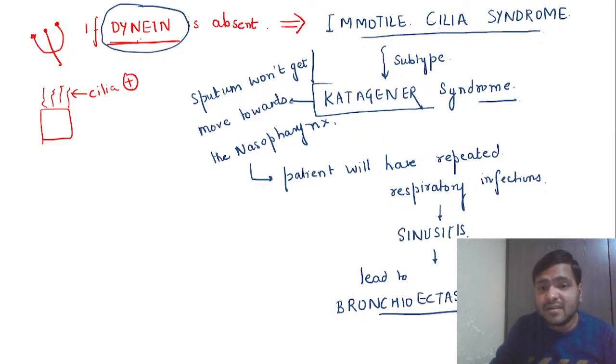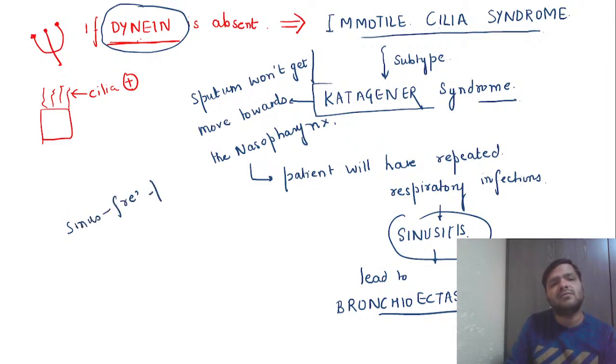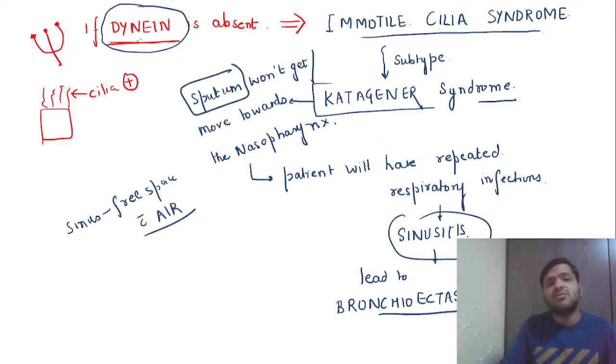Now, when I say sinusitis, try to understand, guys. Sinus क्या होता है? Free space होती है. Sinus basically refers to free space, which is filled with air. Now, the sputum is not moving out. What will happen?